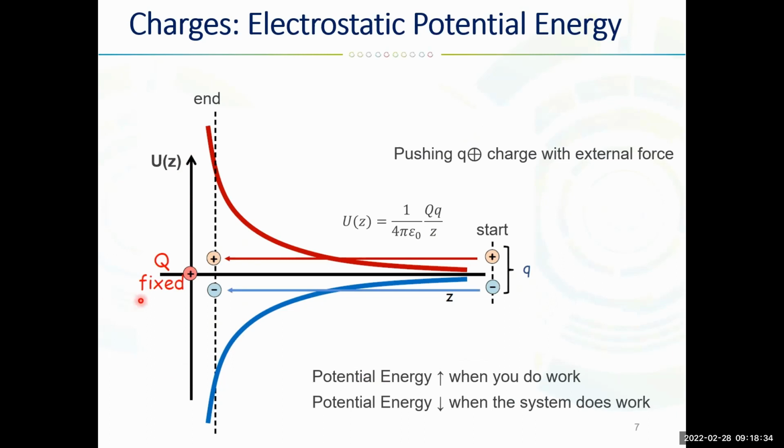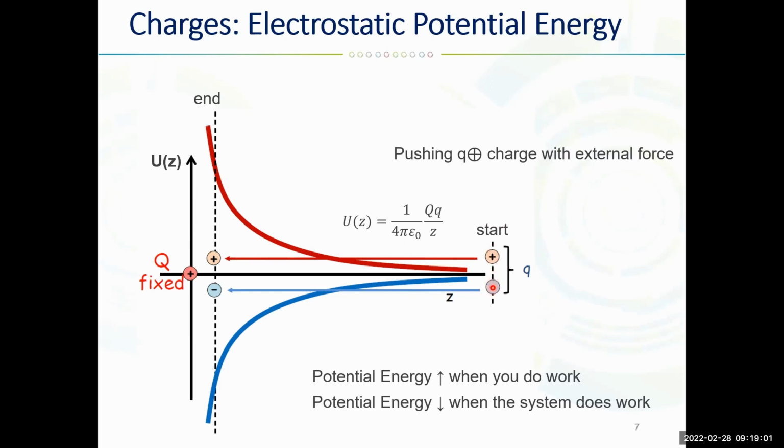So here you can see it in this diagram. We have our charge, signed as Q, and let's say it is fixed here. And then we have two movable charges. They have opposite polarities, plus q and minus q.